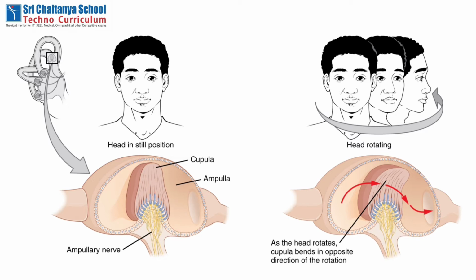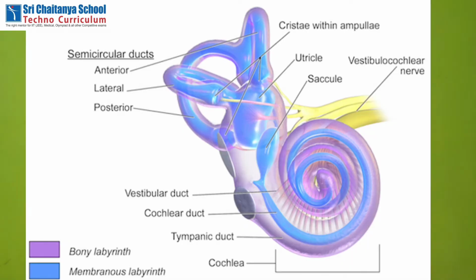They sense the rotation of the body. Next, these three semicircular canals are attached to a vestibule. These semicircular canals and vestibule together we call the vestibular apparatus. This vestibular apparatus has a nerve. We call it the vestibular nerve, which connects to the brain.